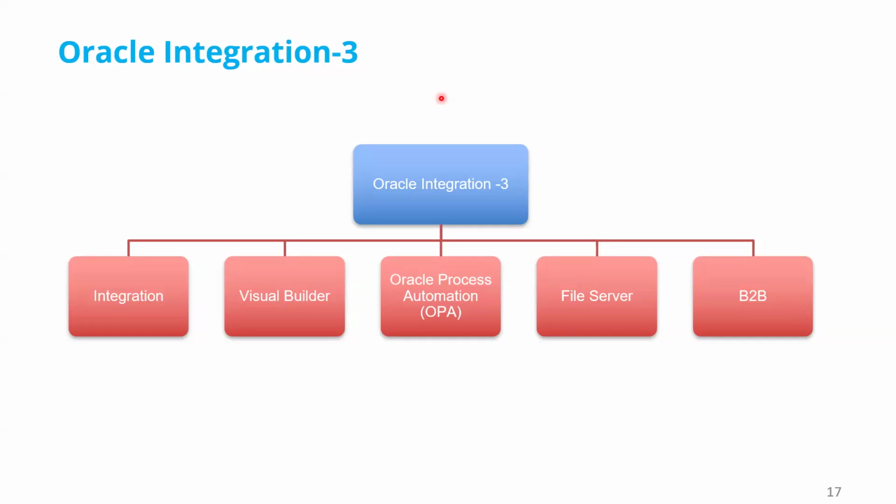OPA, or we call it PCS, Process Cloud Service, provides a workflow engine, so you can create your own workflows. OIC also provides file servers and B2B, business to business, so you can process B2B documents in OIC. These are the services which OIC provides.